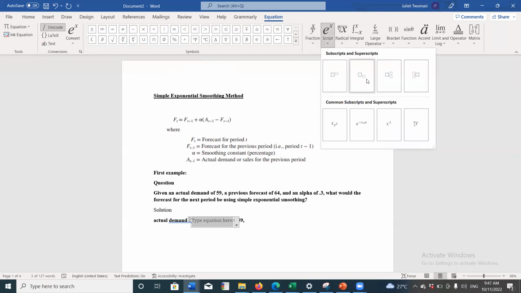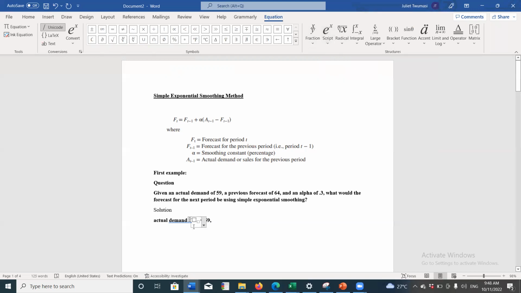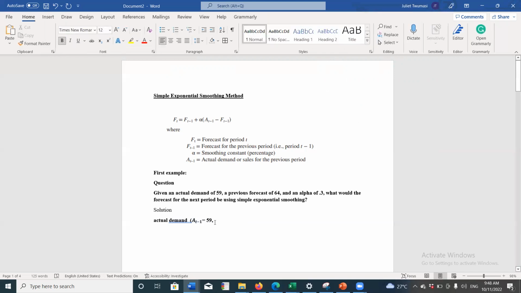So you choose this for the actual demand. So the actual demand at subscript t minus 1, that is time t minus 1, equals 59. Then the previous forecast, you can copy this now.